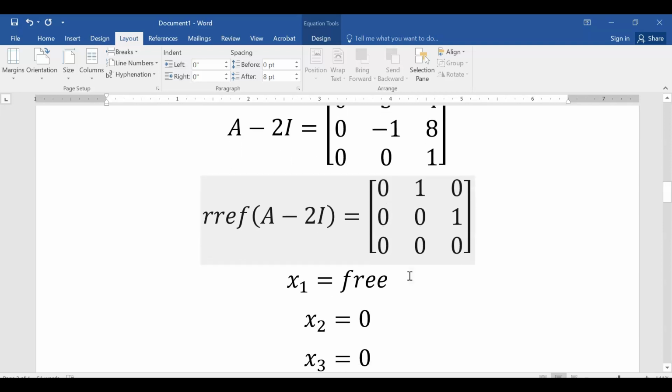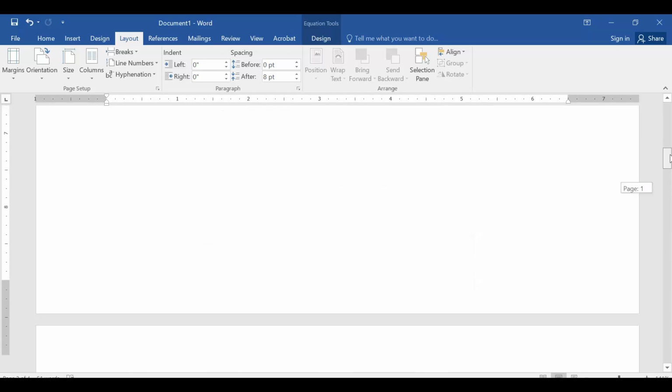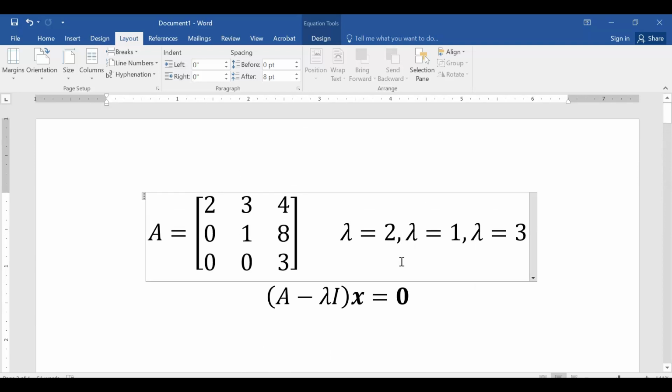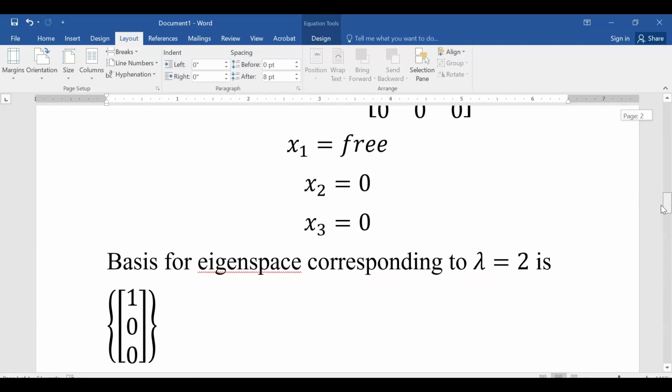That is, if x1, x2, x3 are the three entries in my vector x, then in order for that homogeneous equation to be true, x1 has to be free, x2 would be 0, x3 would be 0.